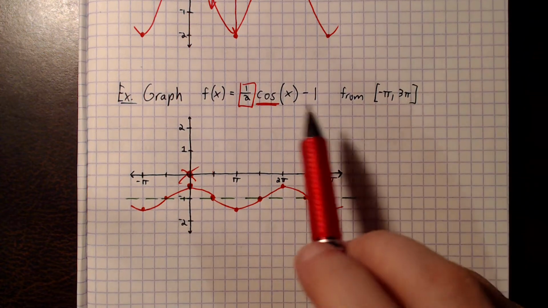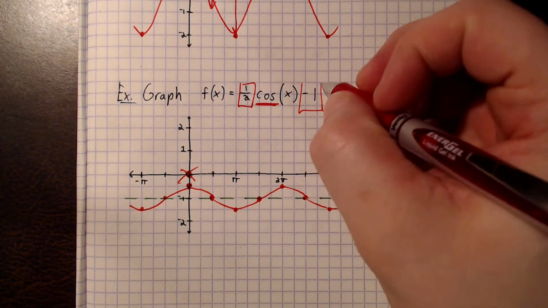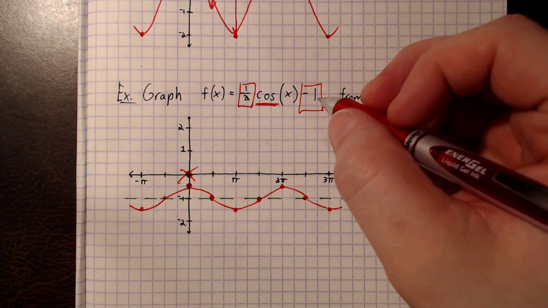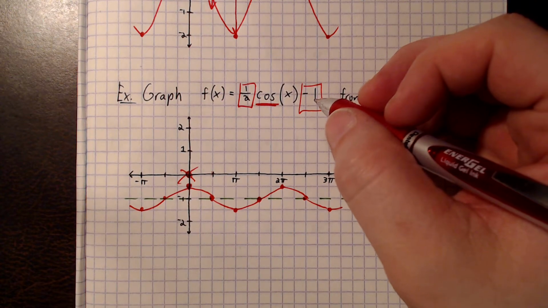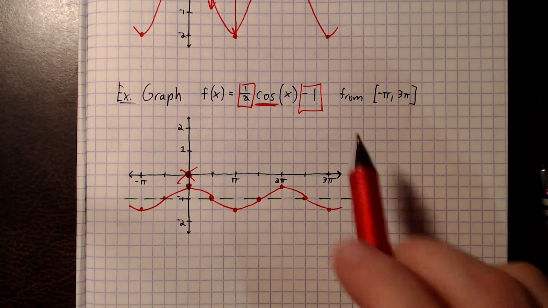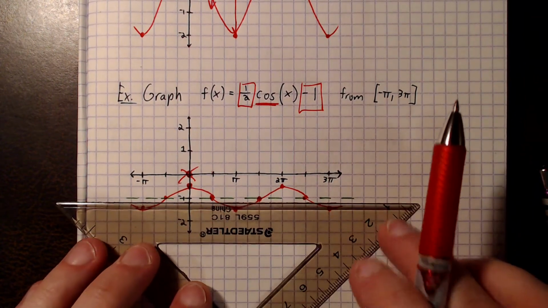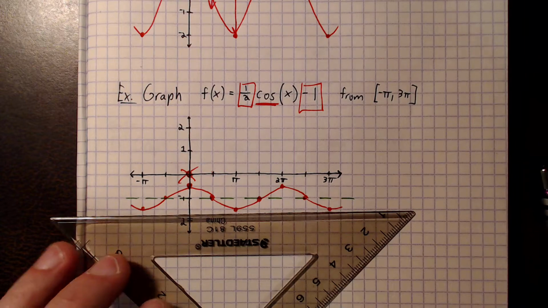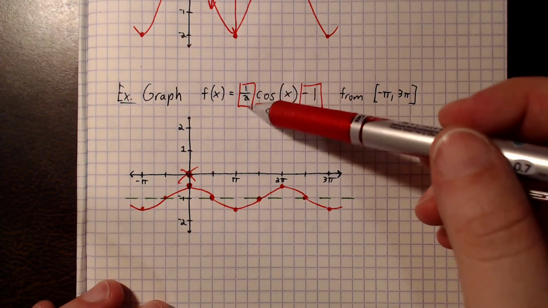Right, so what did we do? We were given this downward shift, which we took care of absolutely first, because if we didn't, we made an error, right? So we had to move down our average point, and we drew it in, okay? Then we thought about our amplitude.